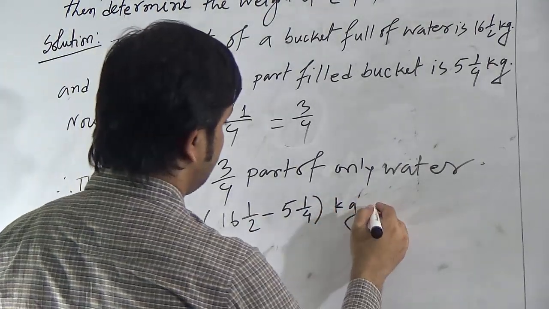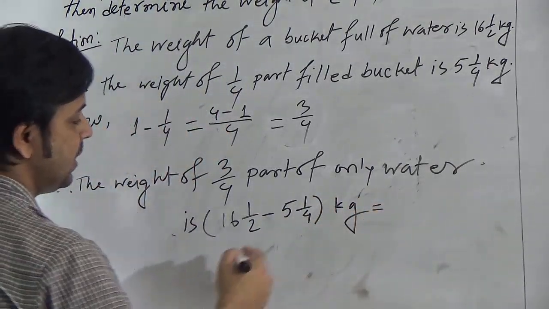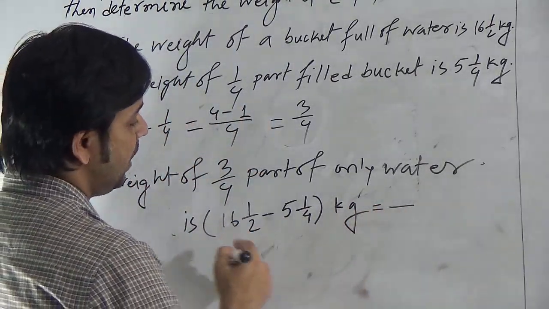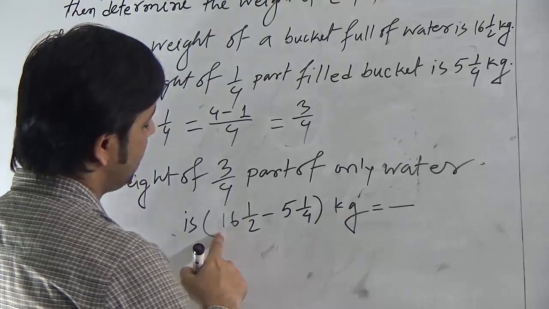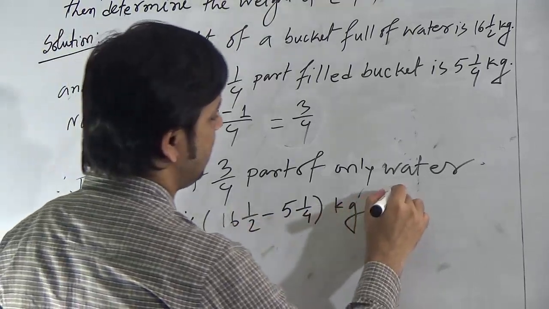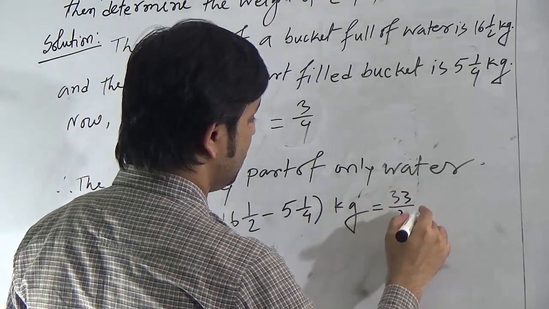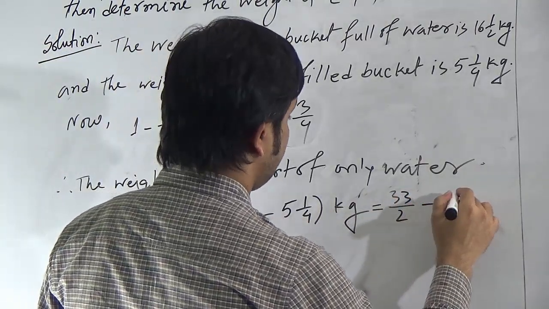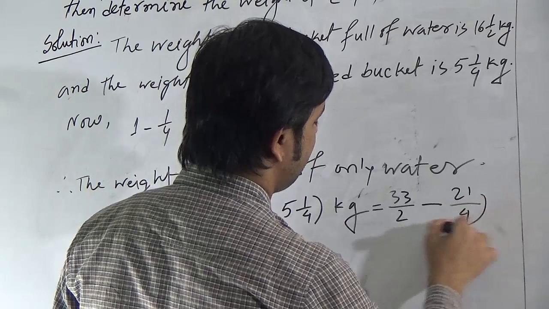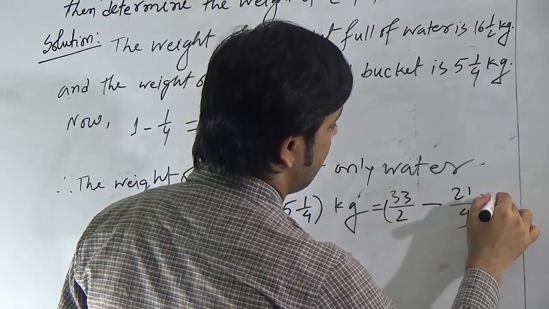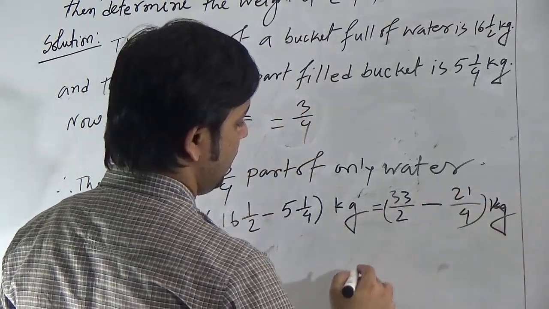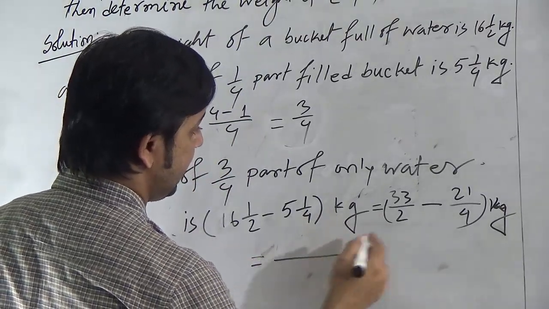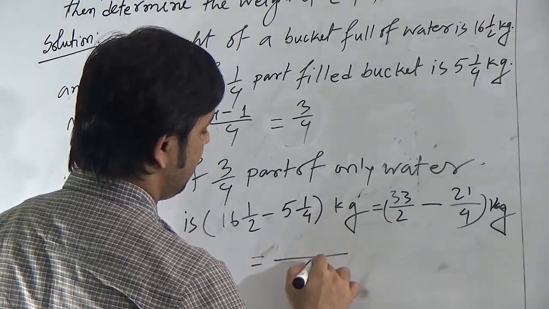Now if we calculate, what will we get? At first convert this into improper. 16 2s are 32 and 1, 33 by 2 minus 5 4s are 20 and 1, 21 by 4 kg. So if we subtract, the LCM will be 4.